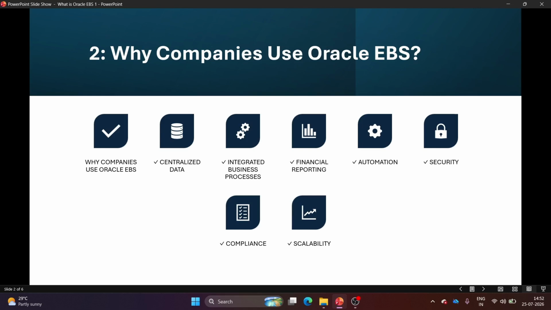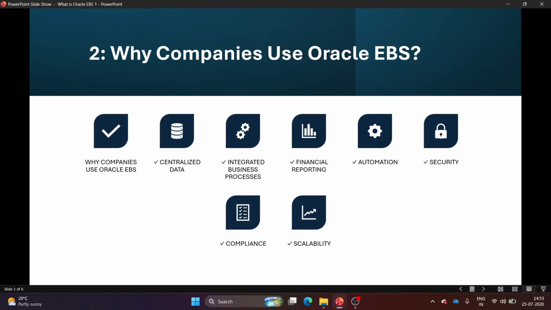Then move on to security. Oracle EBS uses responsibilities, users, menus, and role-based access. Employees can only access the functions they are authorized to use, which protects business data. And move on to compliance. Oracle EBS helps organizations maintain proper approvals, audit trails, and accounting controls. This supports internal policies and regulatory requirements.